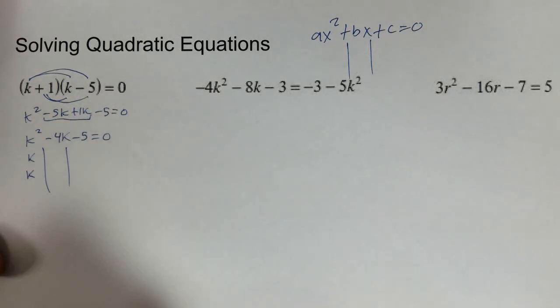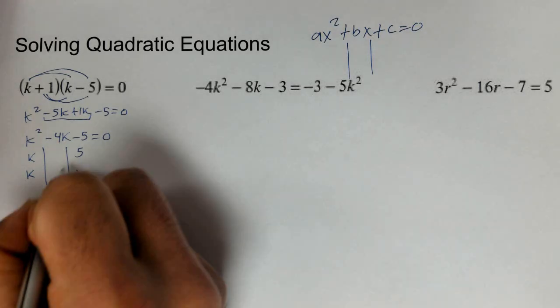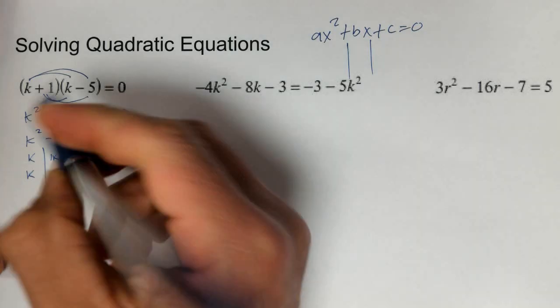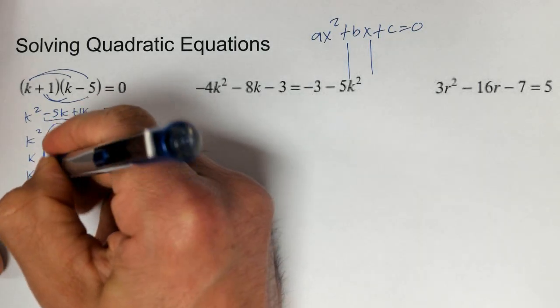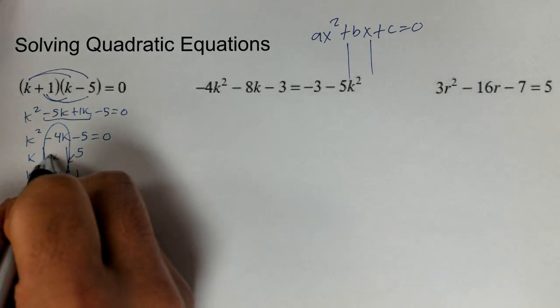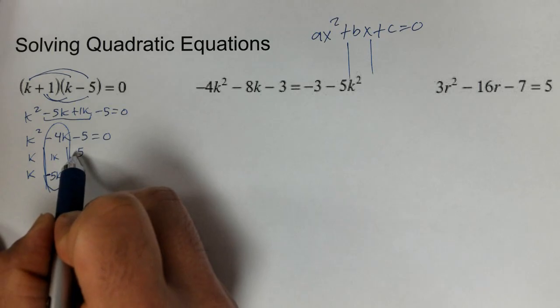K times k is k squared. 5 times 1 is 5. And when I cross multiply, how can I make this a negative 4k? Well, the only way I can make it negative is if I do 1 minus 5, which means this value was negative.